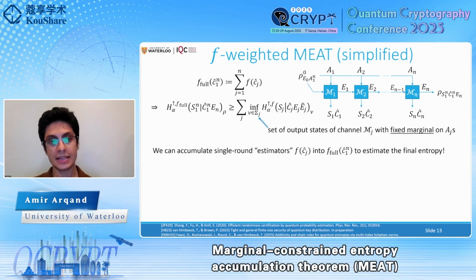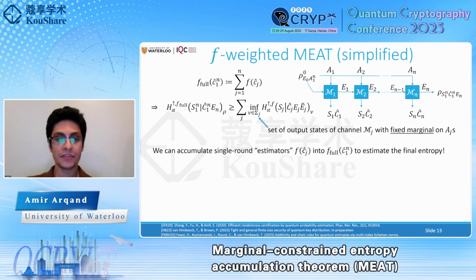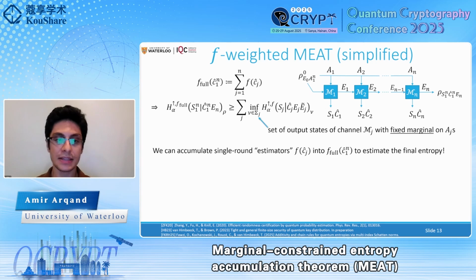In which case, the global F-weighted entropies can be bounded by the sum of individual F-weighted entropies, except that we have to take the worst case over the output of these channels with the fixed marginal so that we can apply it to prepare and measure protocols. So the way that we can think of this inequality is that it tells us that we can accumulate single round estimators, these F_Cj, into the full estimator to estimate the final entropy.